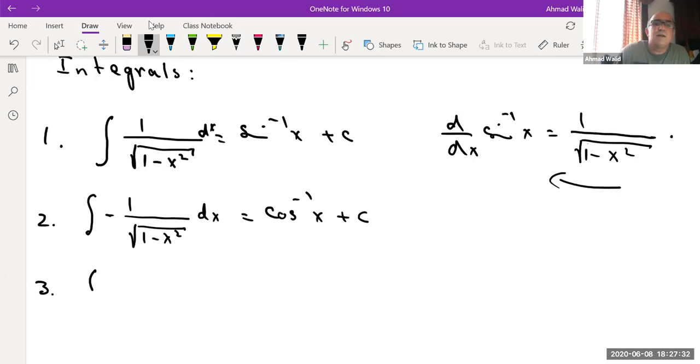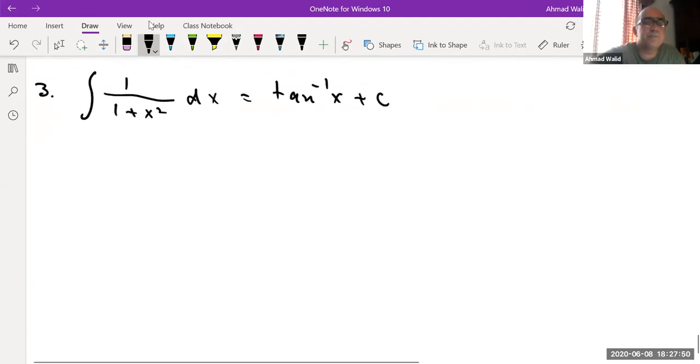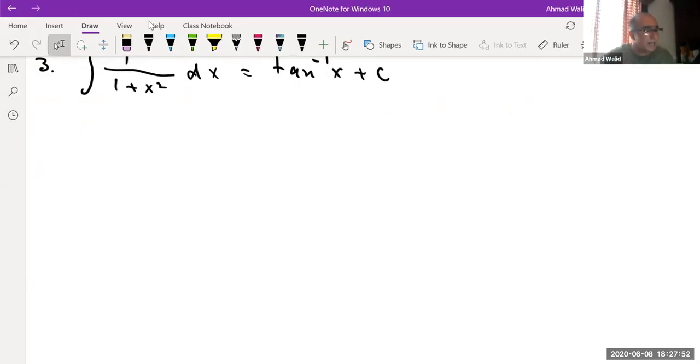Number 3, integral of 1 over 1 plus x squared dx equals tan inverse x plus c, and the other 3 are the same, correct? You can do the rest. But these 3 have a lot of use. That's why I put these 3 for you.